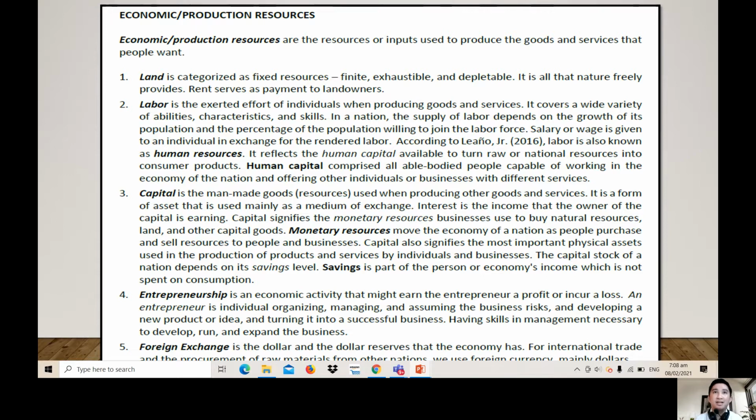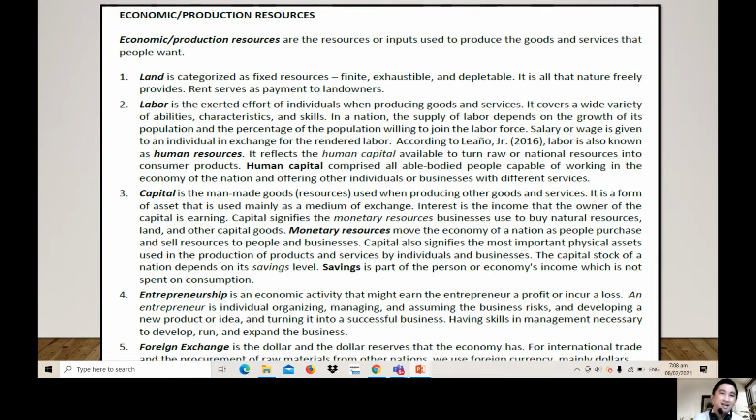So, anong ginagawa nila? Nirerentahan nila ang certain land, okay, para doon sila mag-put up ng manufacturing business or business talaga na doon sila mag-ooperate pero hindi sa kanila yung lupa. Okay, it happens. It really happens. So, kapag ganon, the landowners will receive rent.